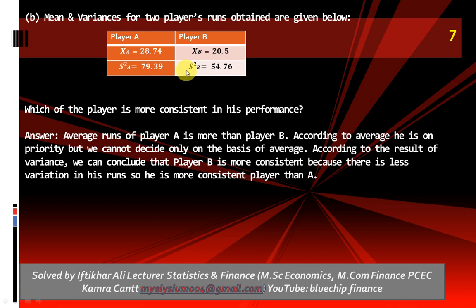Variance is a very important measure of dispersion, or we can say measure of risk. So the more the variance, the more the risk.